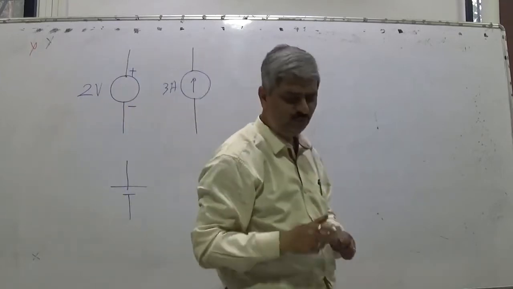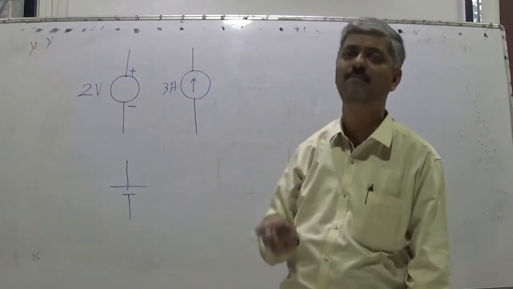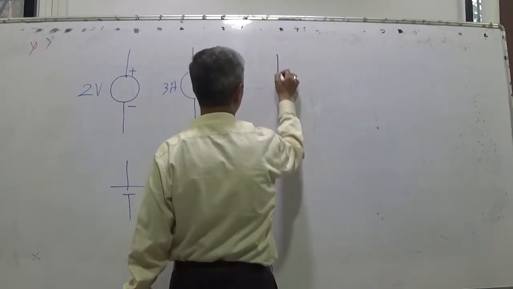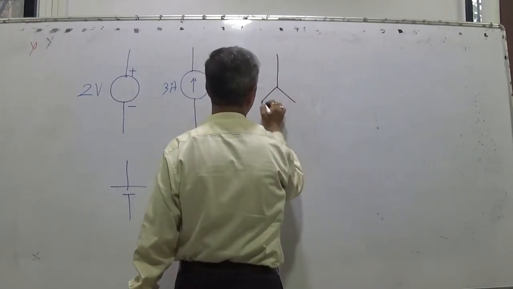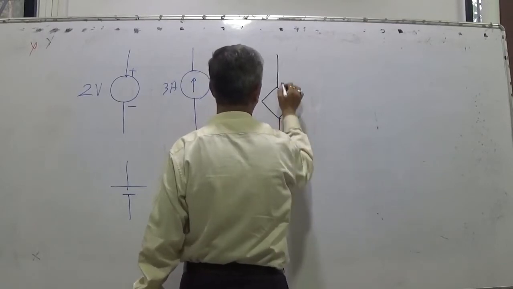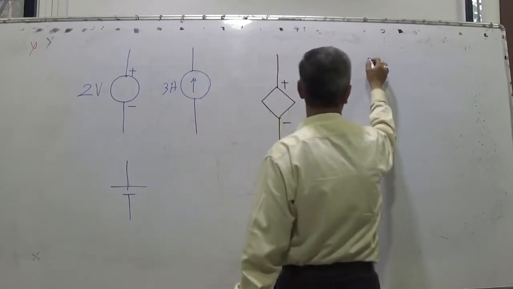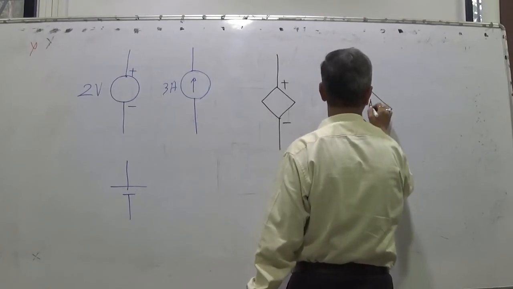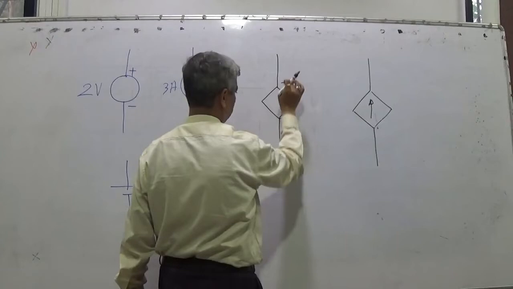Now to differentiate from an independent source, the dependent source is shown by such a bracket, for voltage source and current source. This is positive, this is negative.